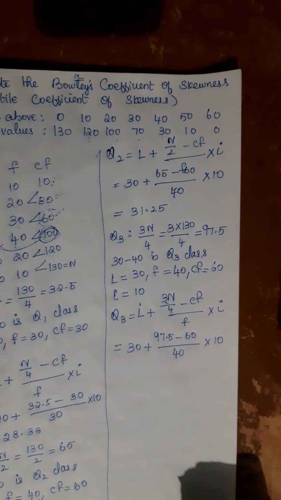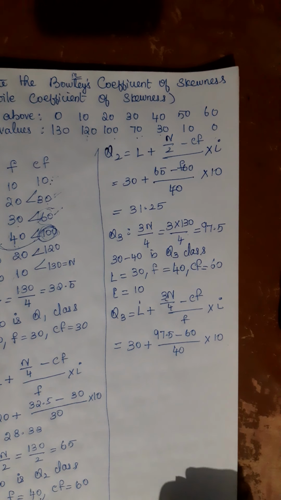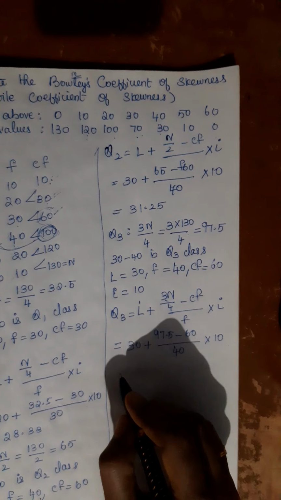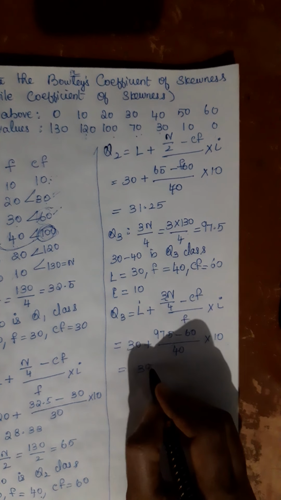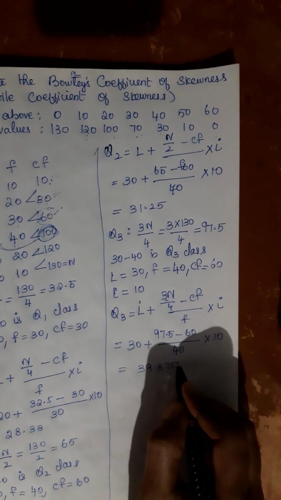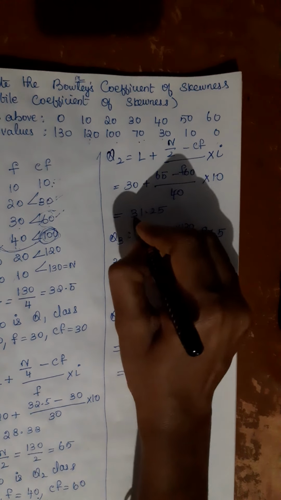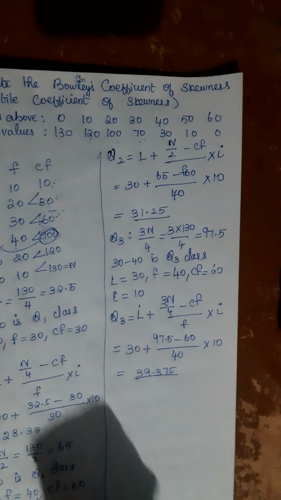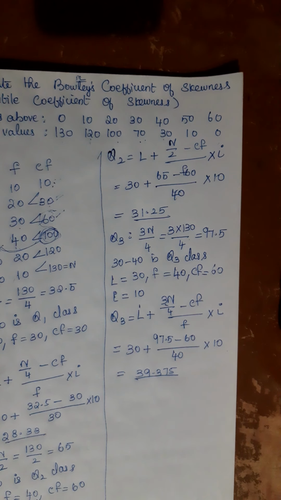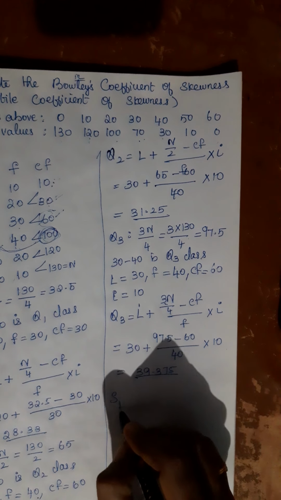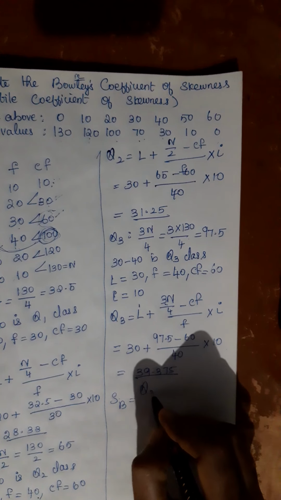So the value of Q3 is 39.375. So with all these values Q3, Q2 and Q1, we are going to compute Bowley's coefficient of skewness.